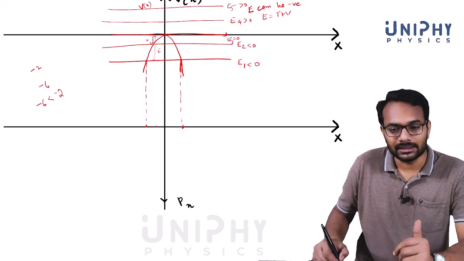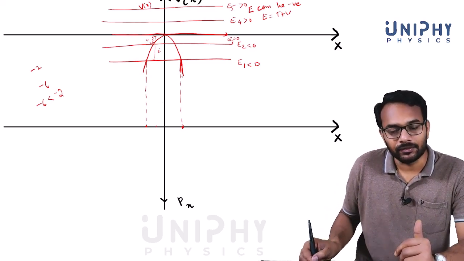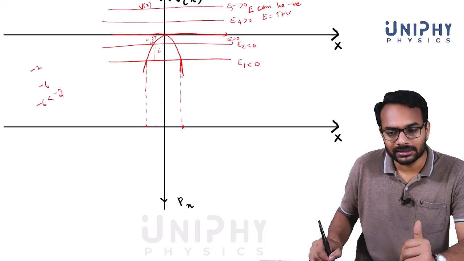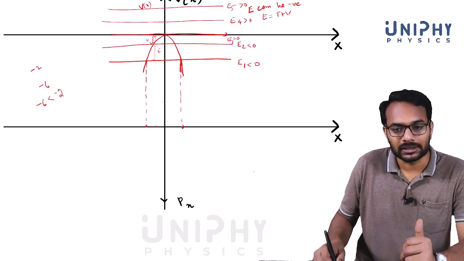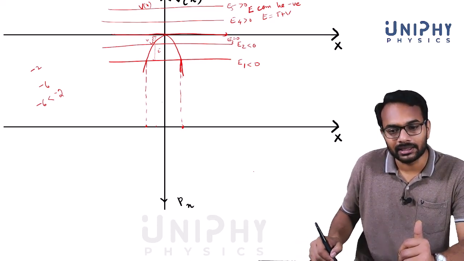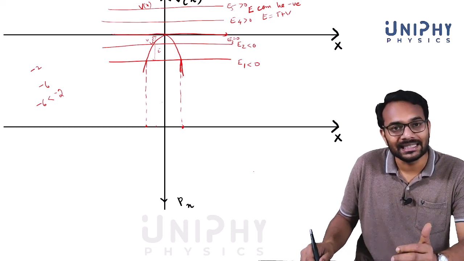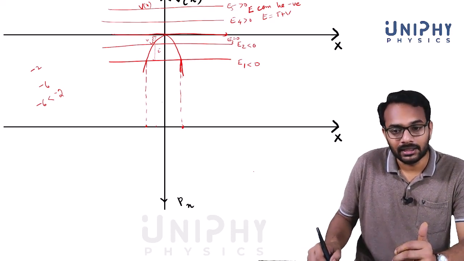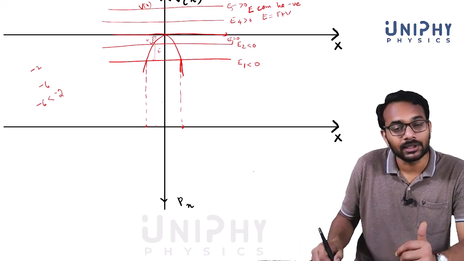Now let's imagine there's a particle coming from plus infinity. It sees more and more of the potential energy as it approaches x equal to 0. From plus infinity, a particle is approaching x equal to 0 with energy E1, and it sees that the potential energy actually increases.